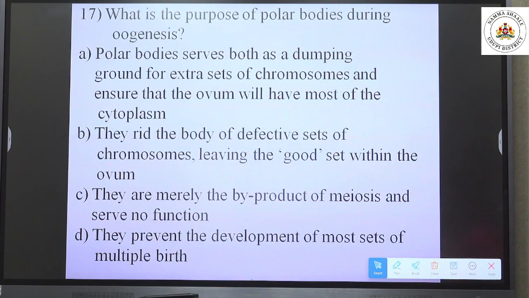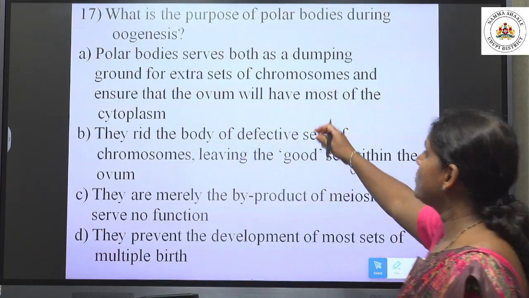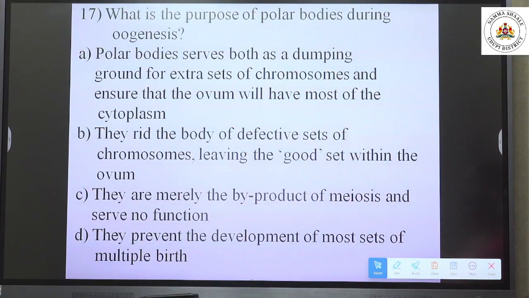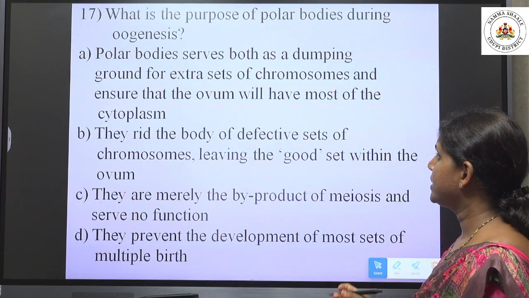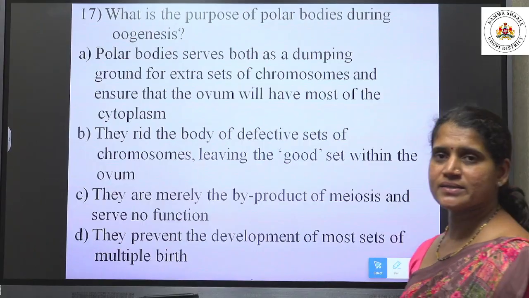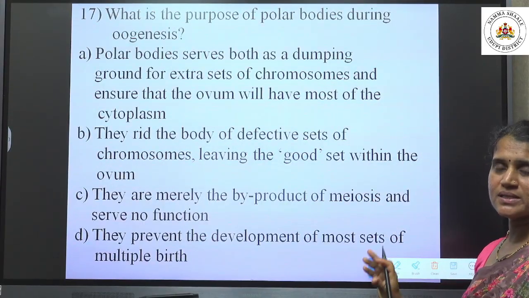secondary oocytes are formed. These polar bodies mainly help in removing the unwanted extra set of chromosomes, and they also ensure that a large amount of cytoplasm is preserved in the egg.